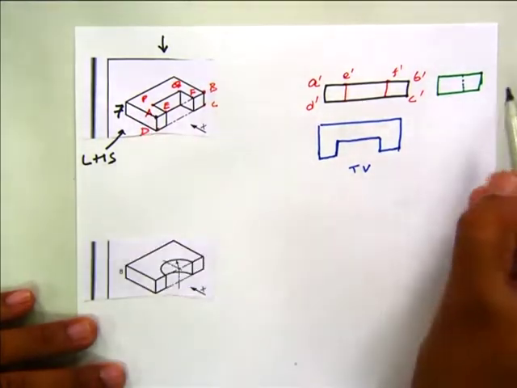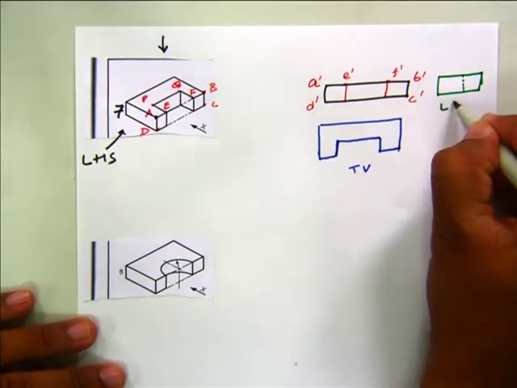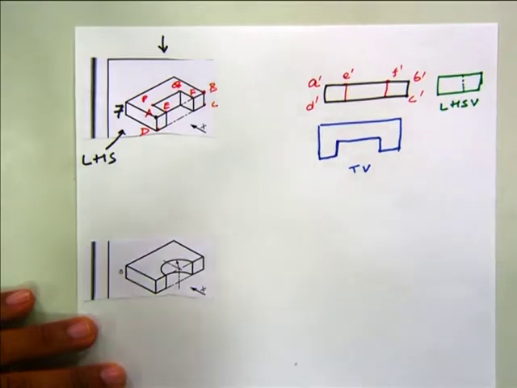This recess becomes the hidden line. So this is your left hand side view.